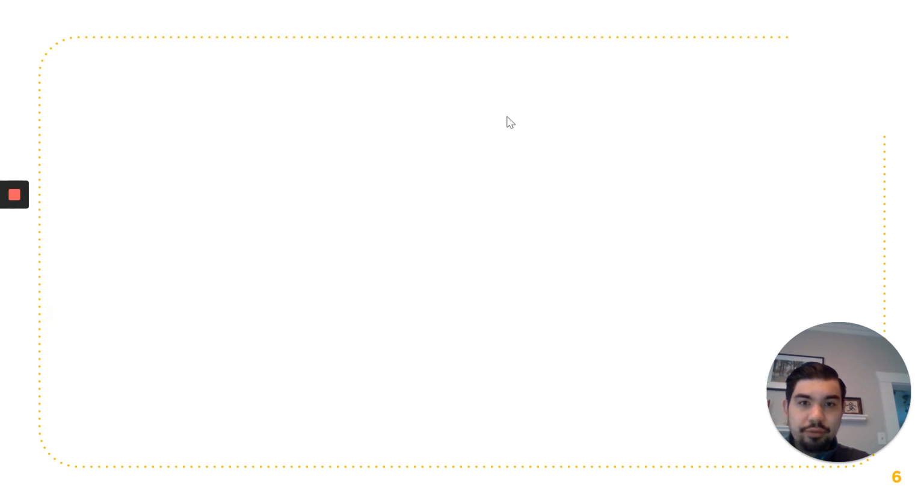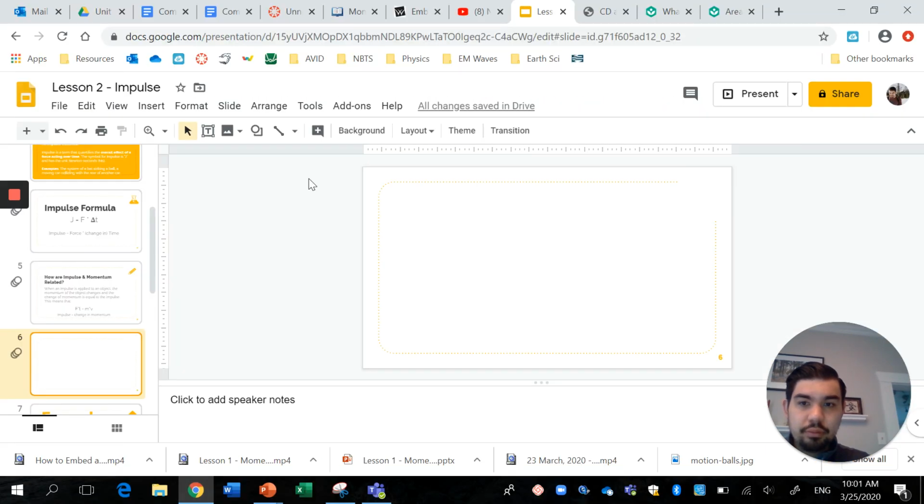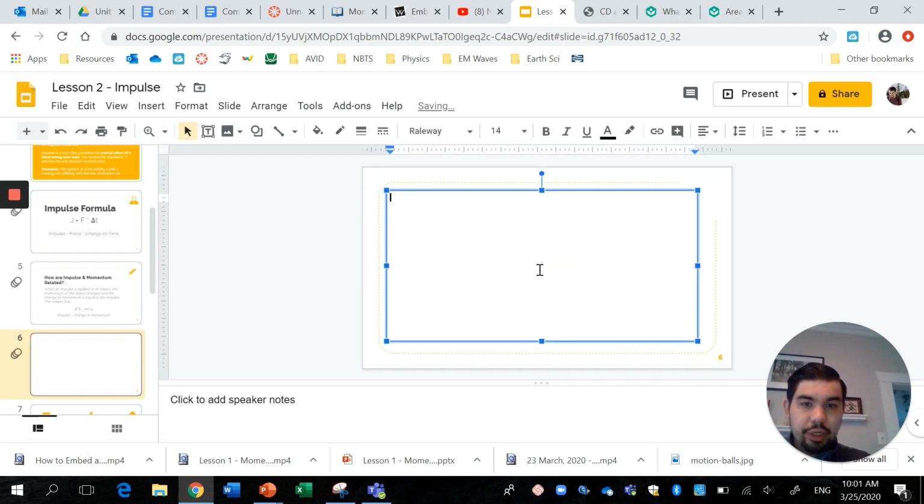I want to do this differently. I should have rethought how I was going to do this. Anyways, we know that p equals m times v. A little bigger for now. p equals m times v.